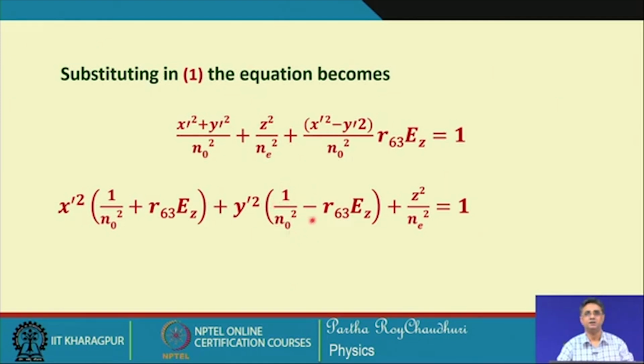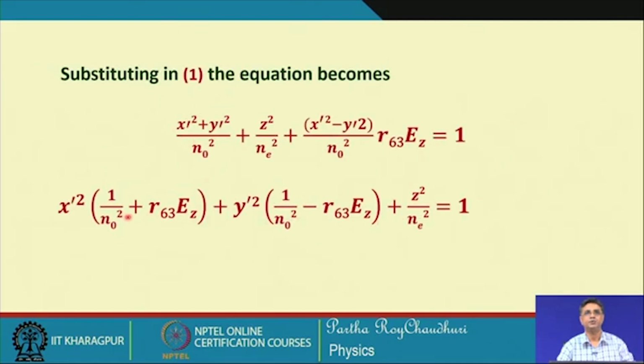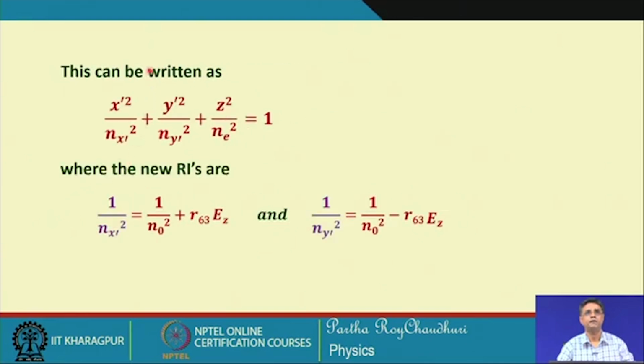So, these are the new refractive indices in the principal axis system. If we write this equation in this form, x prime square by nx prime square and y prime square by ny prime square, then the new refractive indices will be equal to this. For x it is this, and for y there is a minus sign. So, by an equal amount it is increased, and by the same amount this quantity is decreased.